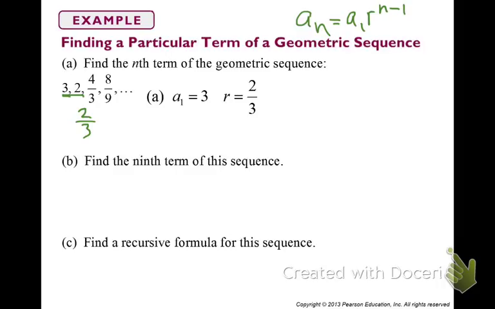So 2 divided by 3. That's pretty easy then. It would just be 2/3. Okay? So there's our a sub 1, and there's our ratio. So let's put it into our formula. So a sub n would be our a sub 1, which we found to be 3, times our 2/3 raised to our n minus 1.